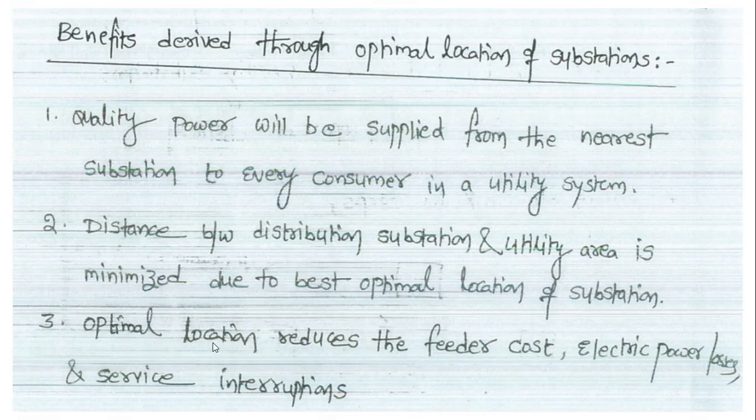Then the optimal location reduces the feeder cost, electrical power losses and service interruption. Suppose the distance between the distribution substation and the utility area is reduced, then the length of the feeder will be reduced, and the cost of the feeder is also reduced.